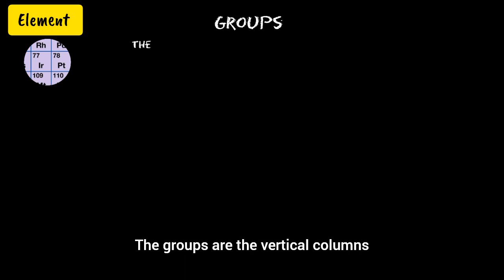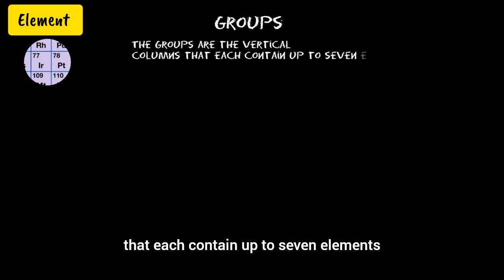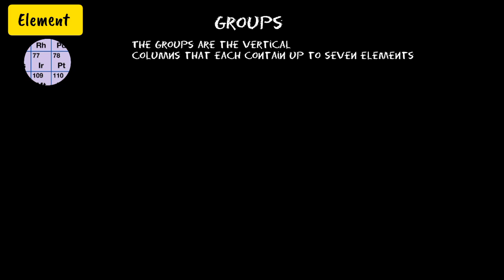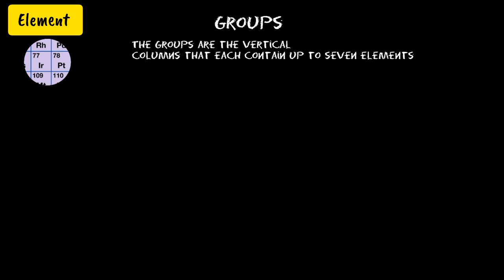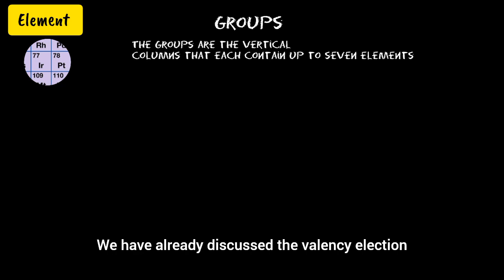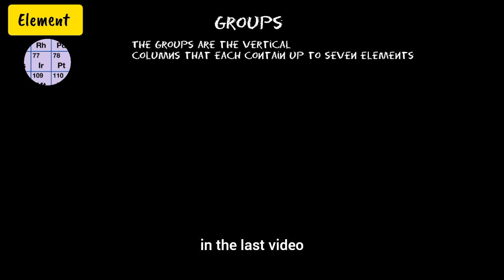Groups. The groups are the vertical columns that each contain up to 7 elements. The elements in each group have the same number of valency electrons. We have already discussed the valency electron in the last video.